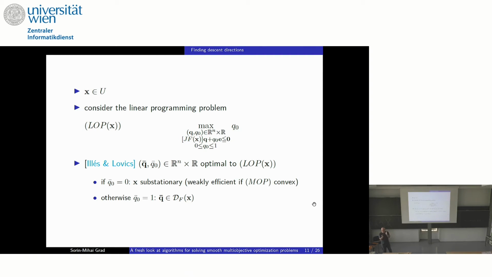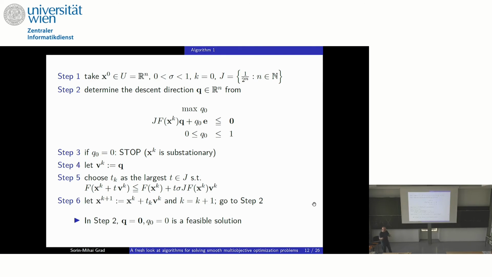So we have only two possible outcomes from q0: either we have a descent direction, or we stop, because we got a good point, substationary. Again, plus convexity, it becomes weakly Pareto. And then we modified the previous algorithm accordingly. This is now the new algorithm.